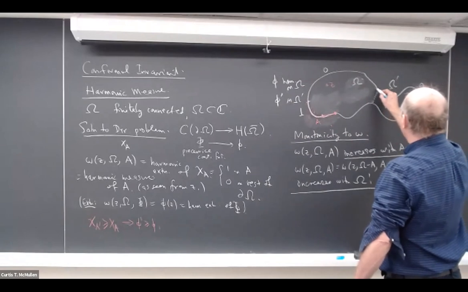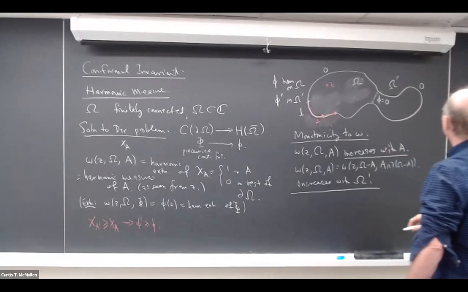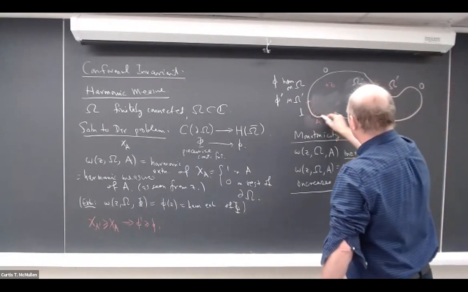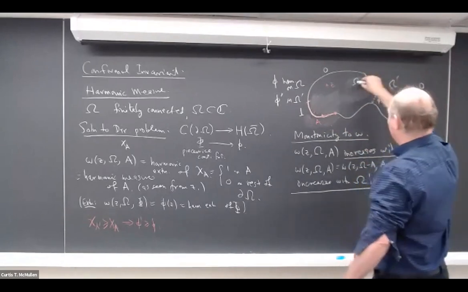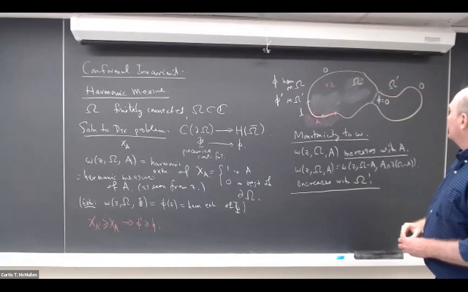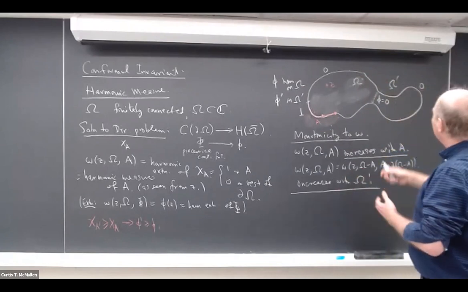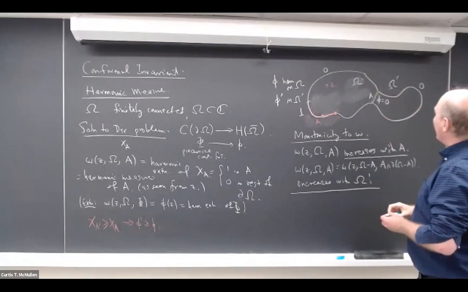Phi is, this is the old boundary of omega here, so phi is equal to 0 here. And phi prime is living out here, and they both are equal to 1 on A itself, and they're both equal to 0 on the common boundary of omega and omega prime. So the place where we can compare these two harmonic functions is along this line here. Let me call this line A.